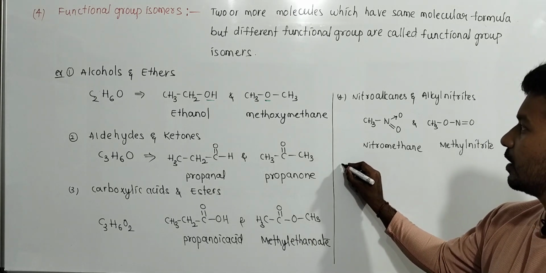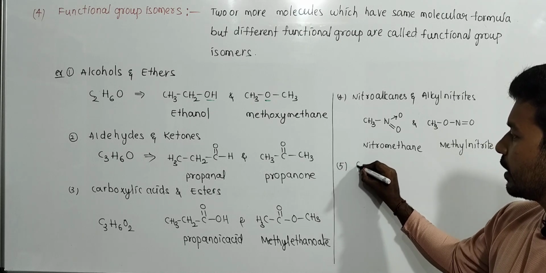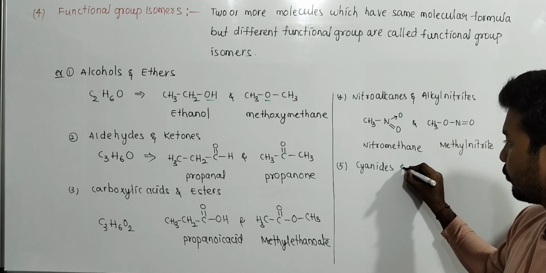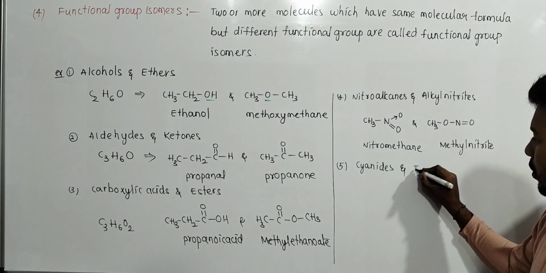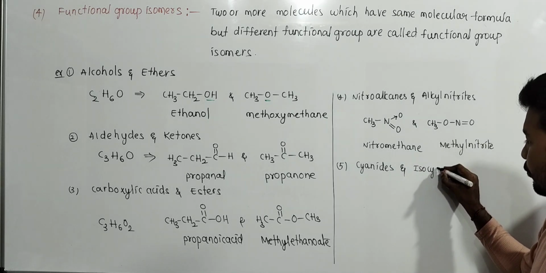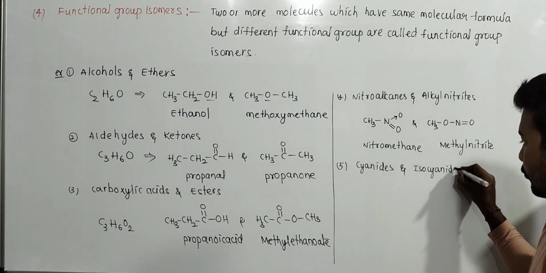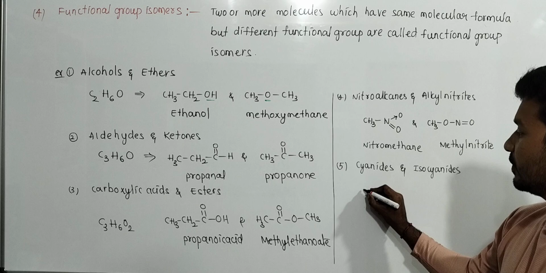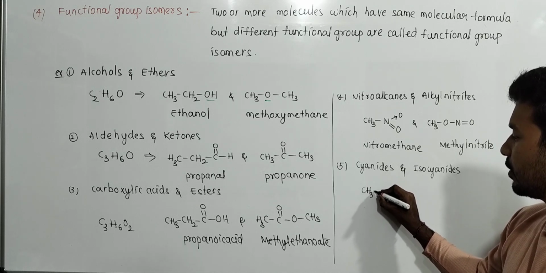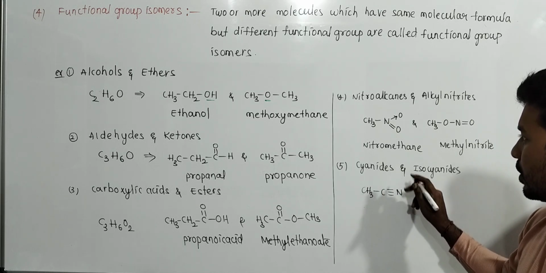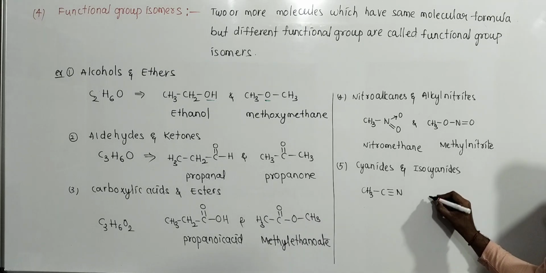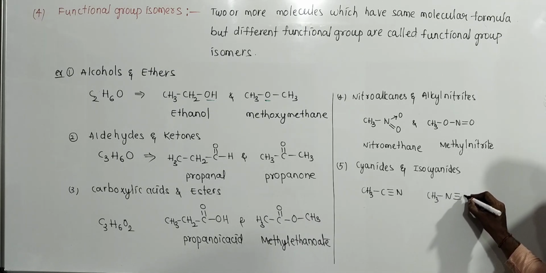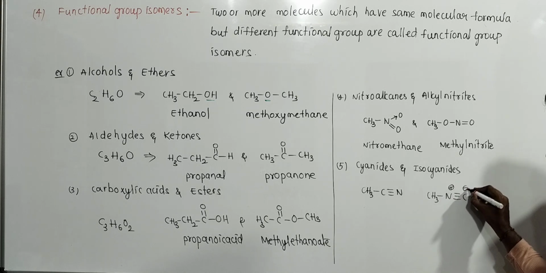In a similar way, cyanides and isocyanides. Cyanides and isocyanides are also functional group isomers. See, CH3CN. Number of carbon atoms: 2. With the same 2 carbon atoms, I can also write like this, NC, with nitrogen plus and carbon minus.